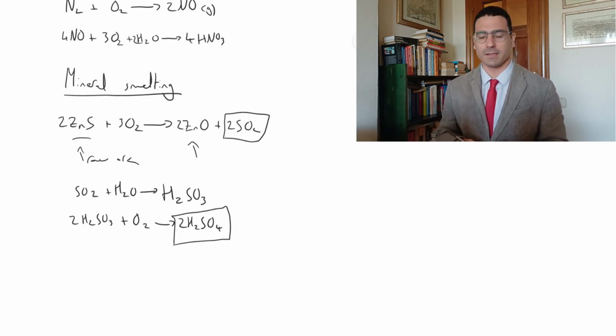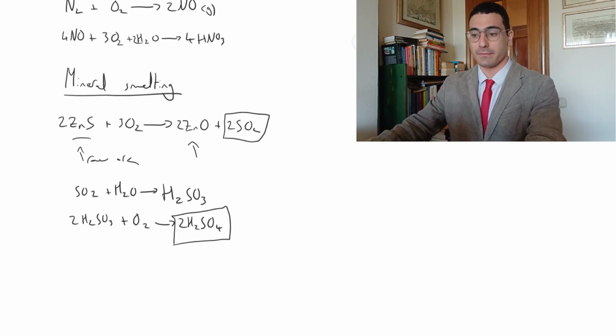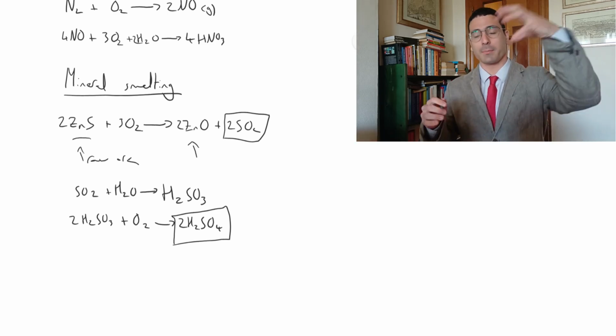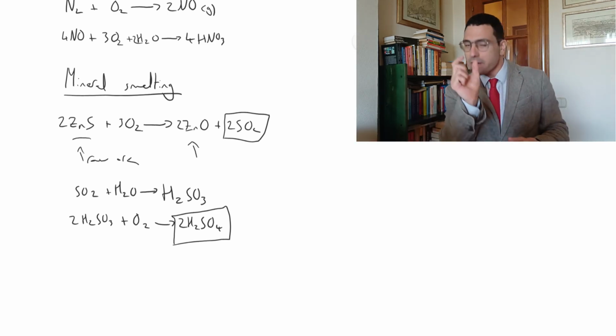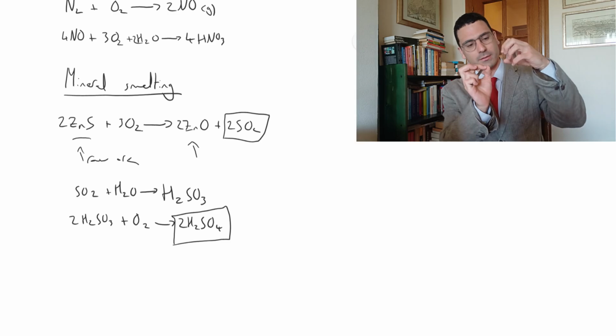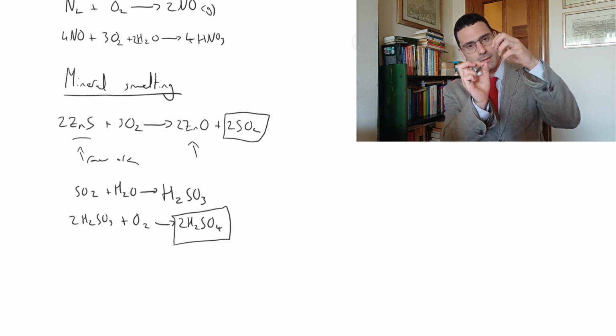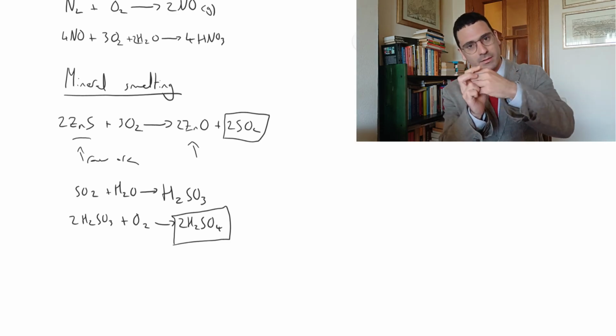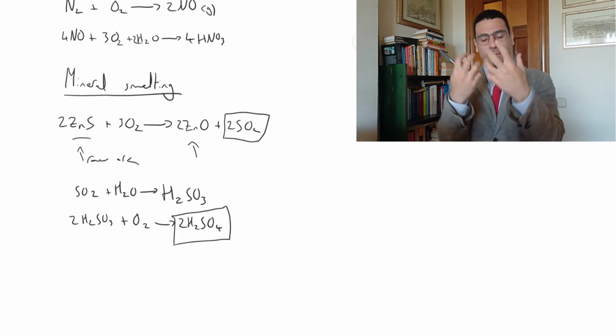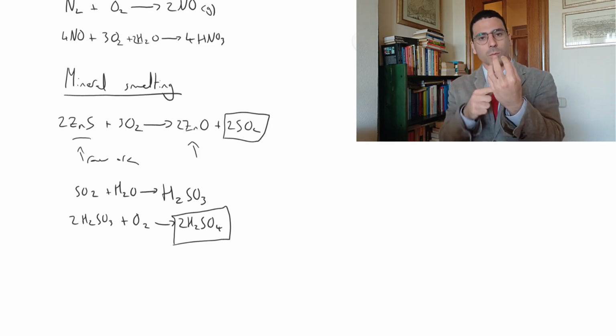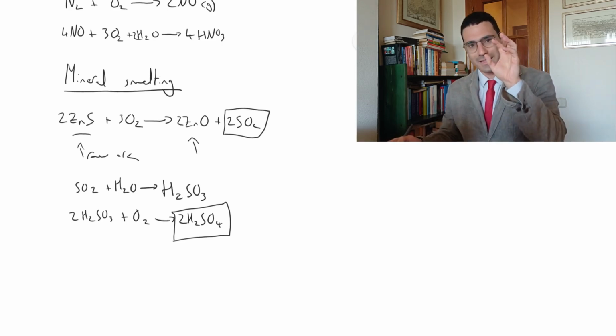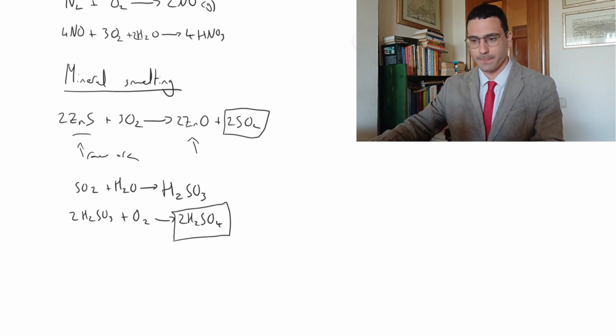Now, this obviously will then cause acid rain if this happens in a cloud or in an individual raindrop. The sulfur dioxide gas will, through equilibrium, dissolve into the droplet of rain, and then the droplet of rain will form the acid which we have just drawn.